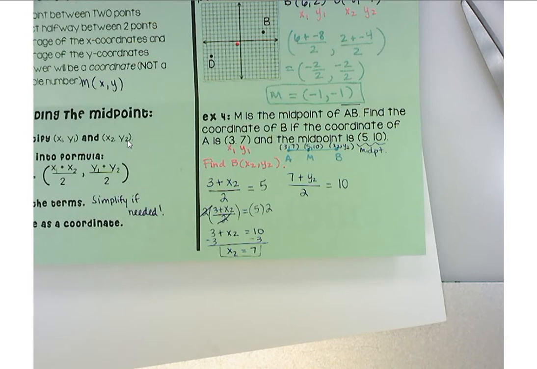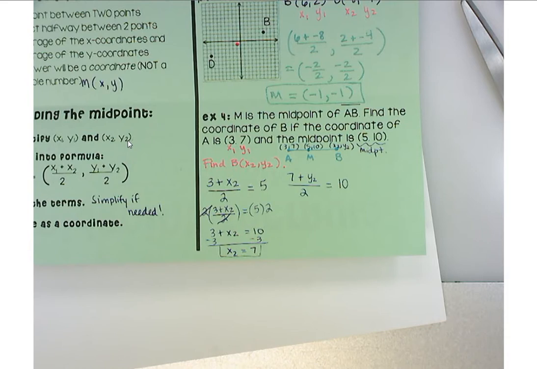Now your process for solving the second one is pretty much going to be the same. So go ahead and do your first step. And then your final answer is going to be written as what? A coordinate.